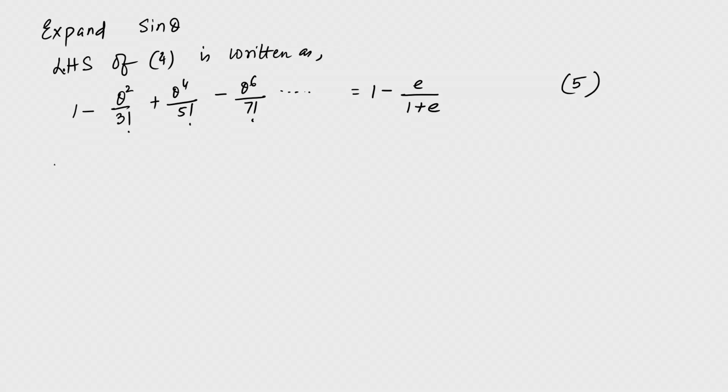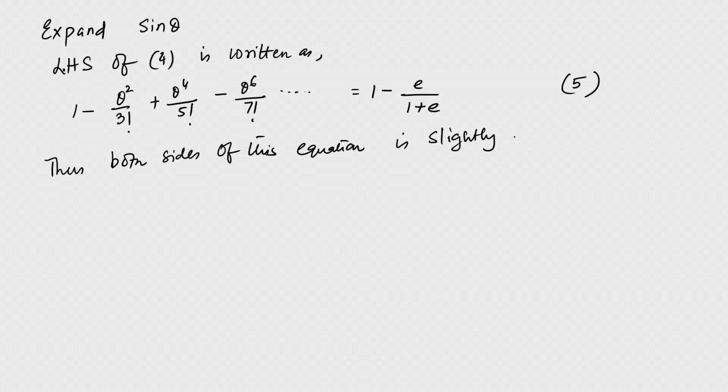So, basically both sides of this equation are slightly less than 1, again because theta is small. Okay.